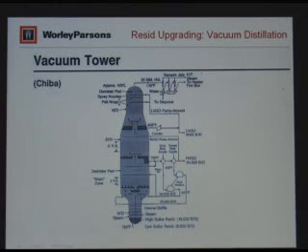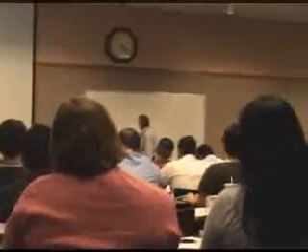Then I asked them some questions on, well, how high up is this stuff? And they gave us all the dimensions. And afterwards we did a few quick calcs. But basically, if you remember the old mercury barometer, let's say we have something like this. You have a mercury level.